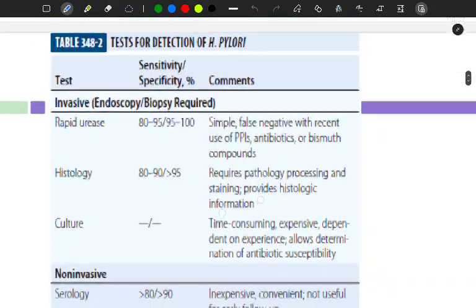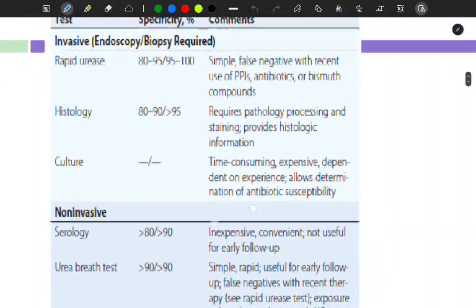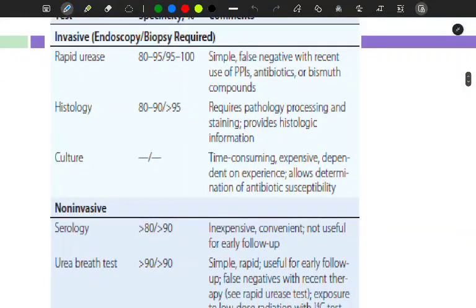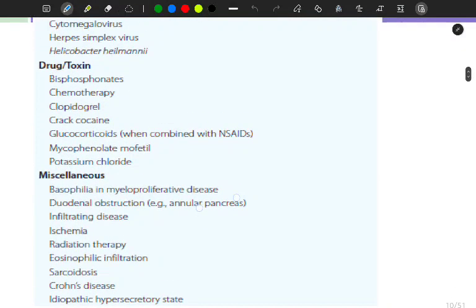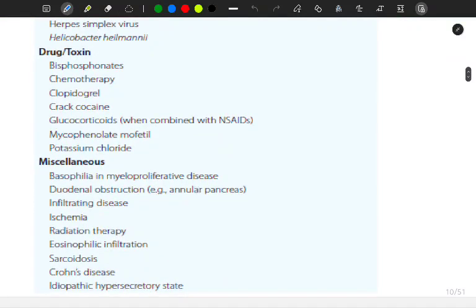Okay, next. Good thought. And just coming back, other diseases like ischemia, radiation, eosinophilic infiltration of the GI tract cause ulcers, sarcoidosis, Crohn's. We'll talk about Crohn's and ulcerative colitis after 2 weeks. And as well something called Zollinger-Ellison syndrome, which is a gastric tumor.